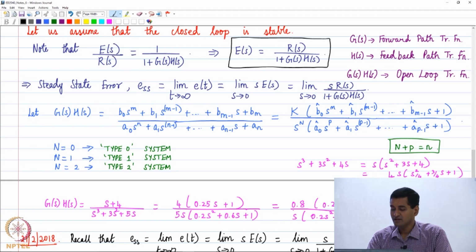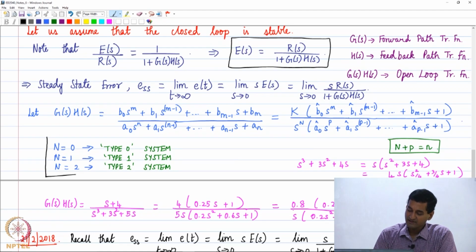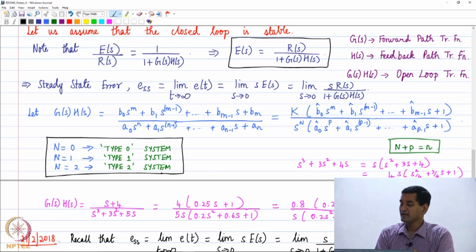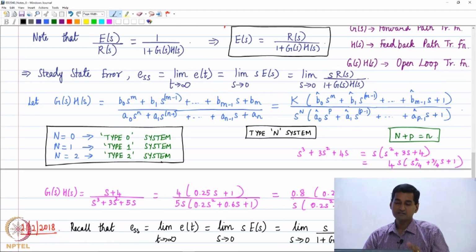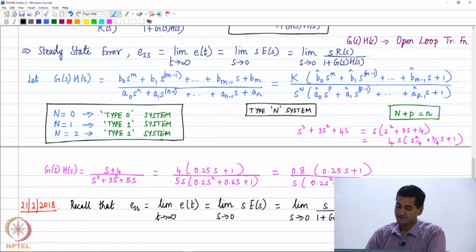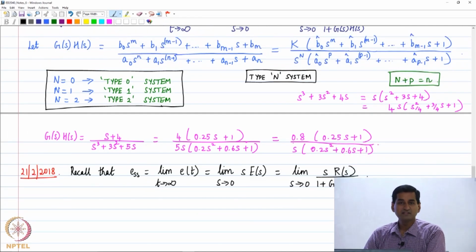That is something which we discussed in the previous class, and depending on the values of N, we call the corresponding system a type N system. So, if N is 0, it is called type 0. If N is equal to 1, it is called type 1 and so on, right. And today we will see at least the concept that we associate with this value of capital N. That is where we stopped in the last class.